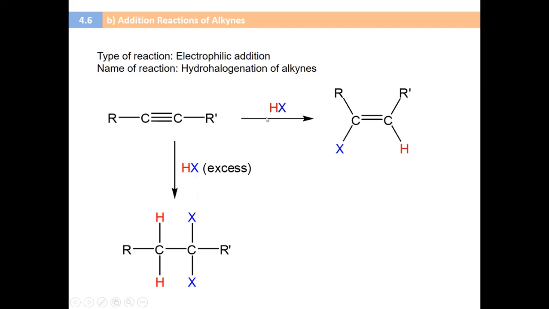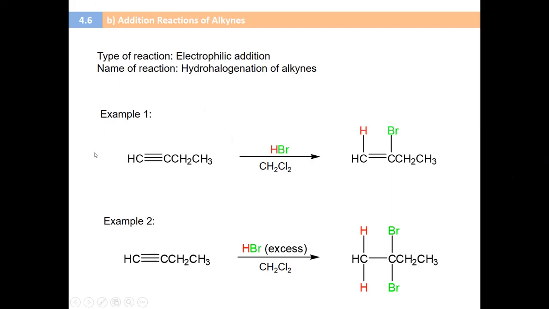So in this case, hydrogen will add to one carbon and X will add to another carbon. Okay, if it reacts with more than 1 mole of, for example, hydrogen chloride, more than 1, we call it excess. So it will produce an alkyl halide with a single bond.